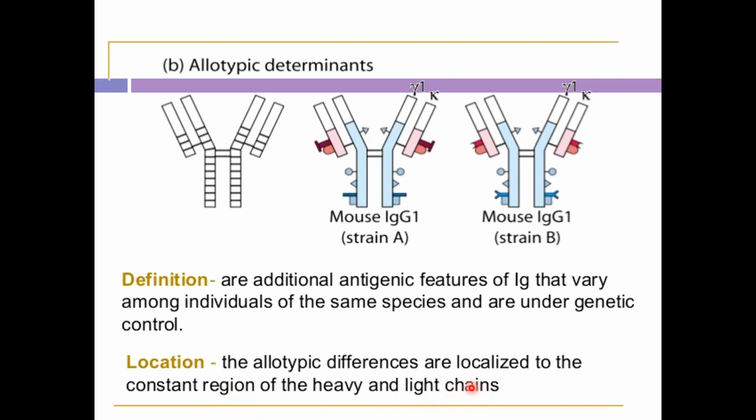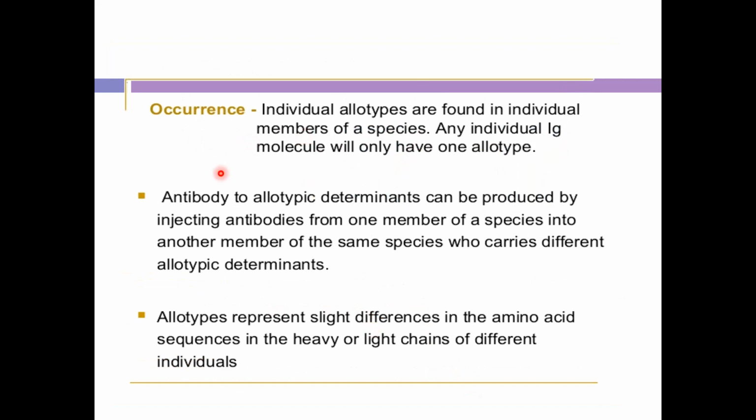Isotypes mainly differentiate the antigenicity of two species, whereas allotypes differentiate antigens within the same species. This is the antigenic feature. So antibody to allotype determinants can be produced by injecting antibody from one member of a species into another member of the same species who carries different allotype determinants.